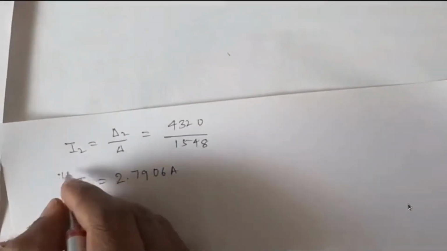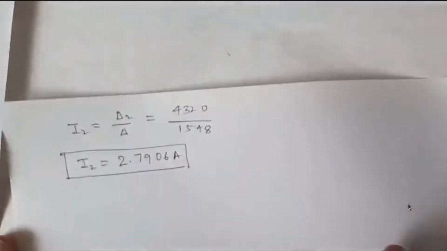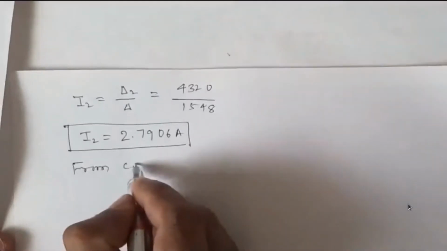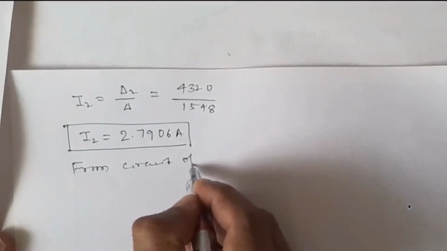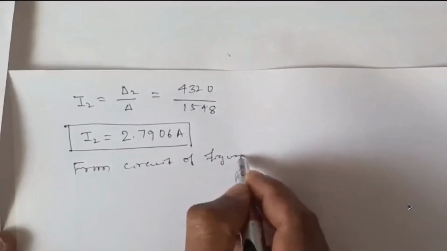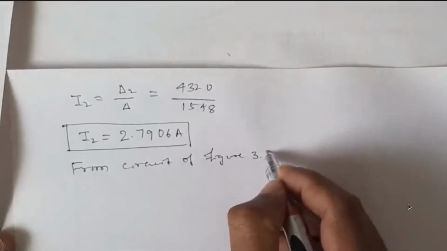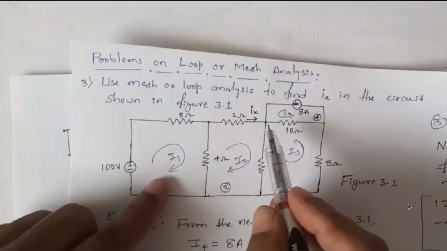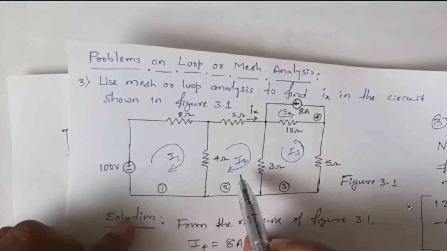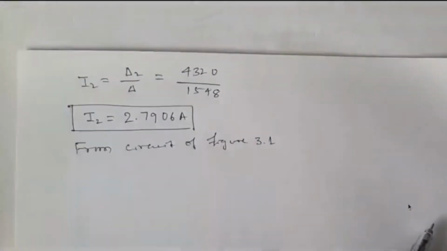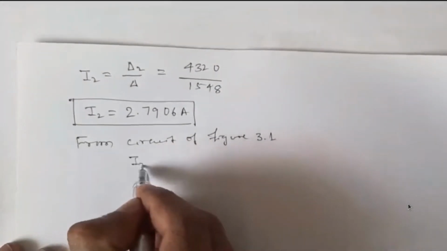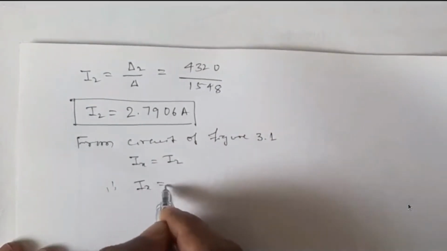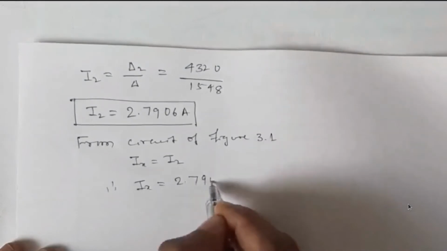This is I2, but what we are supposed to find is Ix. You should write from the circuit of figure 3.1. From this figure, you can observe Ix and I2 are both equal, means Ix is equal to I2. Therefore, Ix is equal to 2.7906 ampere.